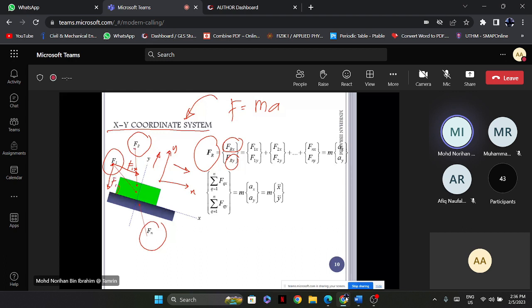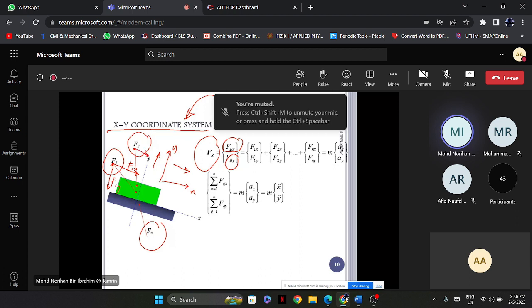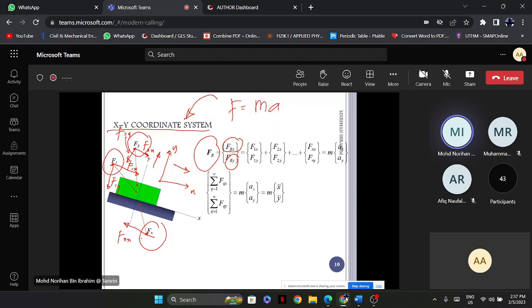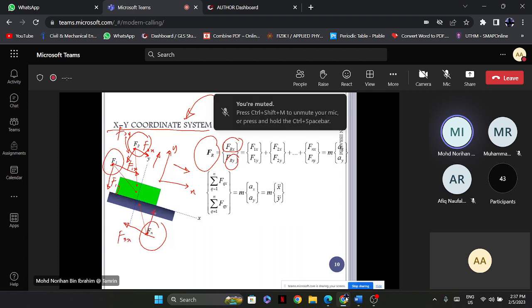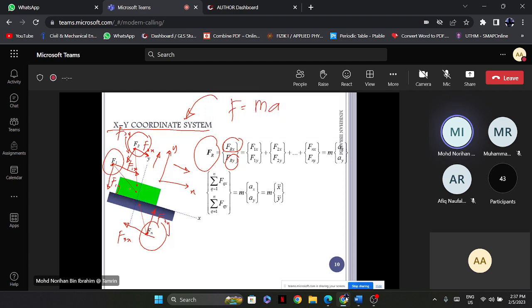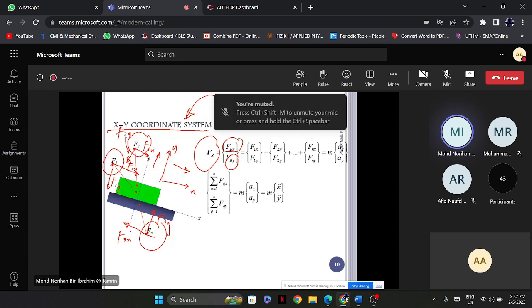Similarly for this one, we're going to have F2X and also F2Y. And this one also, so we will have F3X and also F3Y. This is when there are three components of external forces.